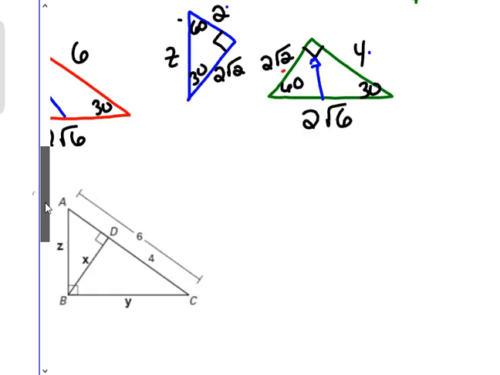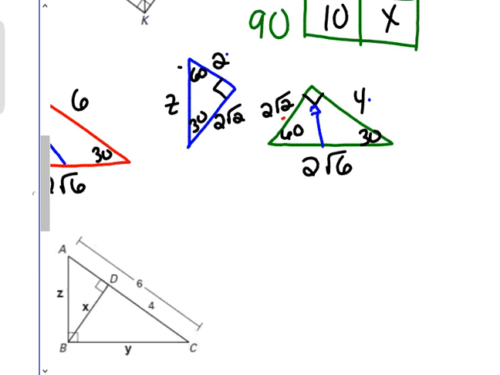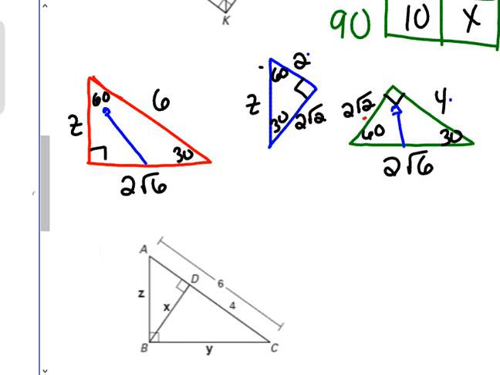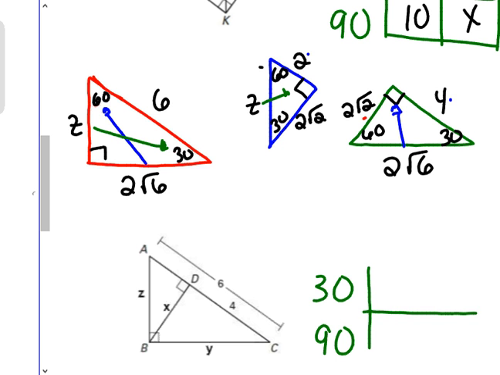All right, our last variable is z. And z is opposite our 30-degree angle over here and opposite our 90-degree angle here. So I'll do a 30, I'll do a 90. And we're using our large triangle and our middle-sized triangle.